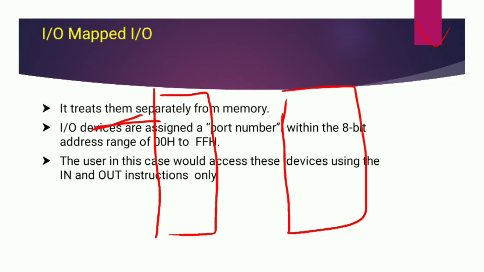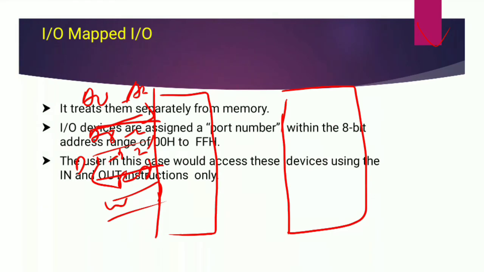Here is the diagram for the I/O mapped I/O. A0 to A7, A8 to A15. This is the data bus D0 to D7, read bar, write bar, and IO/M bar.